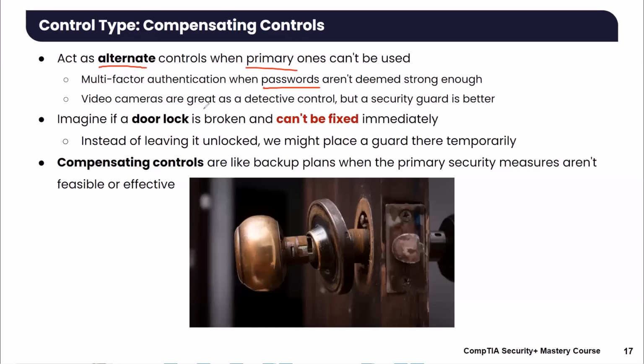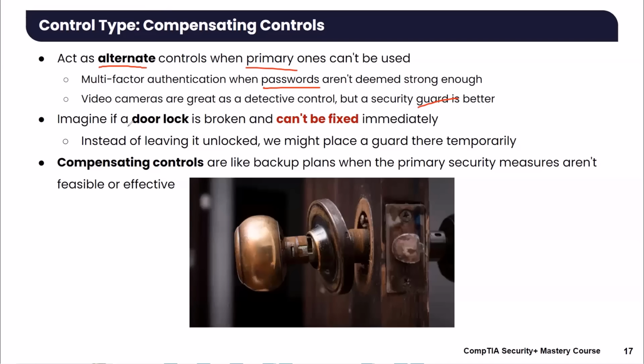Video cameras are great as detective controls, but security guards are better. Security guards would be that compensating control because they do more than what CCTV will do. They can watch, they can deter, they can discourage someone, they can prevent someone.